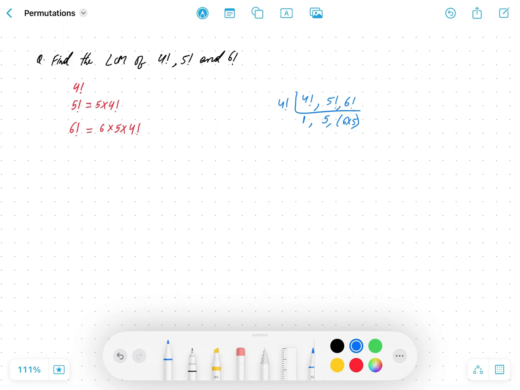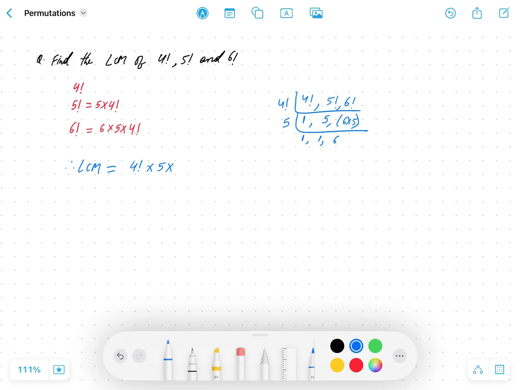So the LCM will be 4 factorial into 5 into 6. We can divide by 5 also: 5 ones are 5, 6.